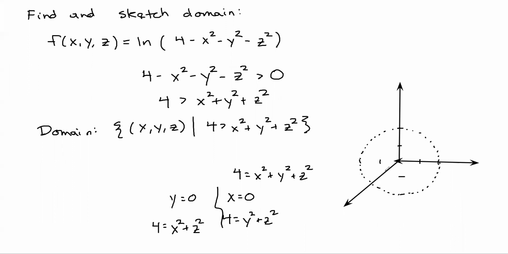All right, so then we want to go 1, 2, 1, 2, and we have a dashed line. And then finally, you could do z equals 0, and you'll get 4 equals x squared plus y squared.